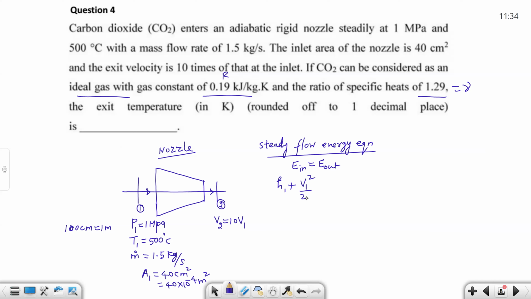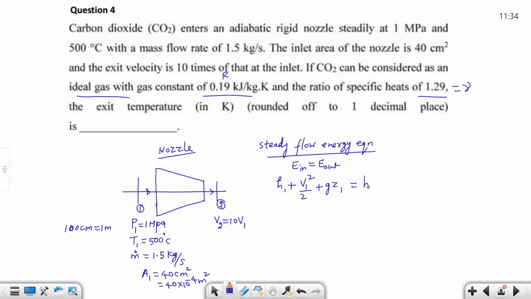Nothing is said about potential energy, so we will neglect it, maybe I write it just for the sake of writing. We need not multiply by the mass flow rate, per kg is fine, because ultimately we want only the temperature. It is not a work producing or work consuming device, so no work transfer.